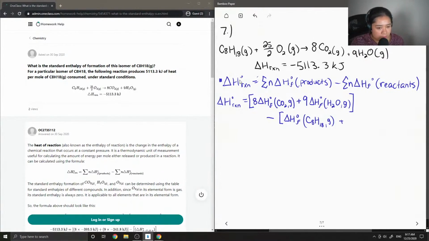And then this is added to 25/2 delta H of formation for oxygen.